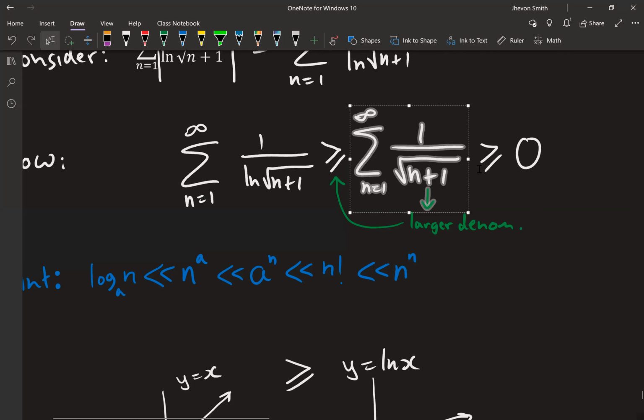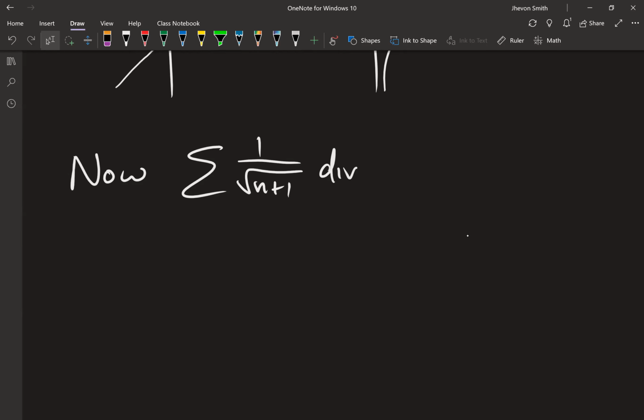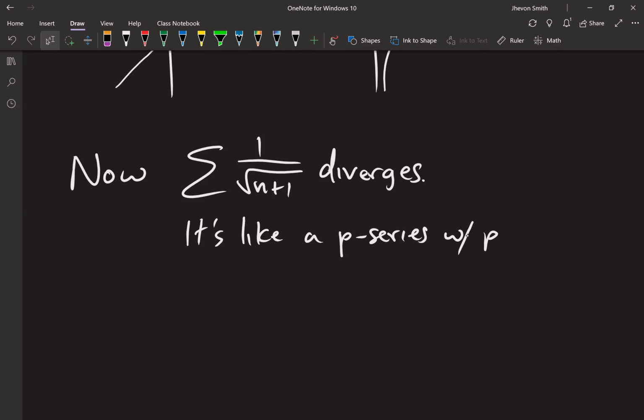Diverges. Yes, by p-series test, right? It's like a p-series with p equals a half. Right? It's just one step ahead of a p-series. You just have a plus 1.